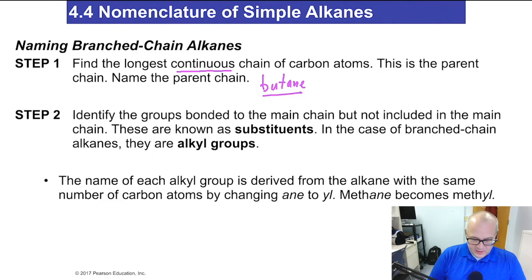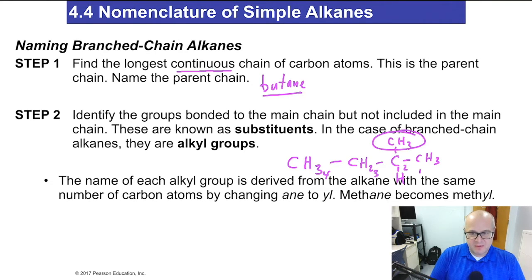All right, now, identify any branching points or any groups that are bonded to the main chain. For example, we could have something like this: H2C, CH3, CH3, and then a hydrogen here or something like that. Well, this has got 1, 2, 3, 4 carbons, so it's a butane.